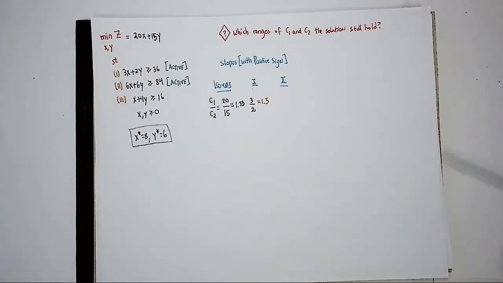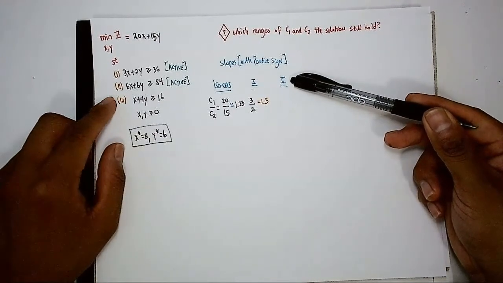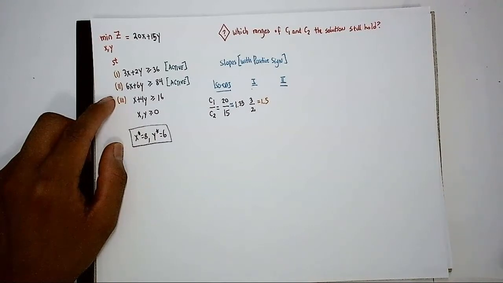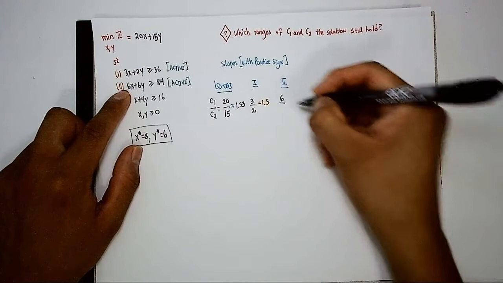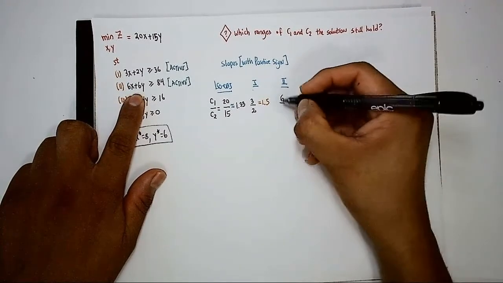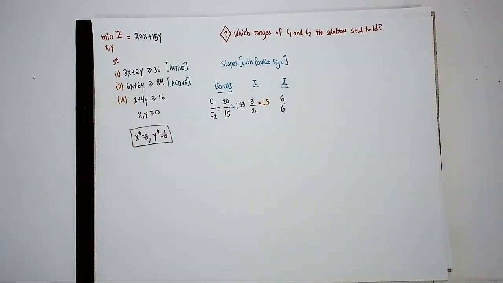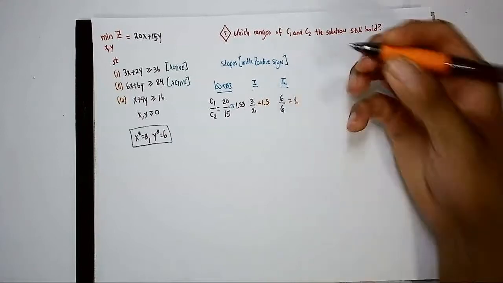The slope of the other active constraint, which is restriction number 2, is the coefficient of x, which is 6, divided by the coefficient of y, which is also 6. 6 divided by 6 is 1.